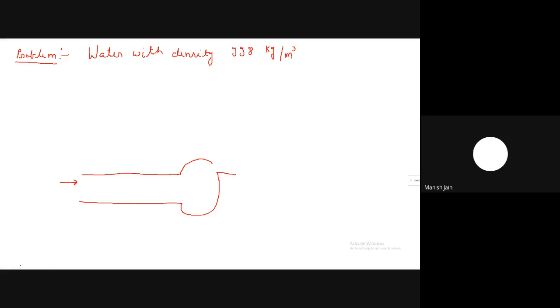Now this pipeline is connected to a pump. This is the pump, and this pump forces the fluid in the upward direction to point 2. So this is point 1, this is point 2. The fluid is flowing from point 1 to point 2.